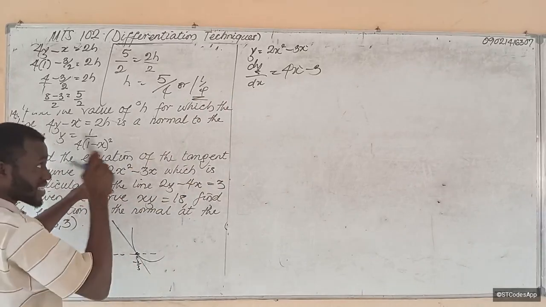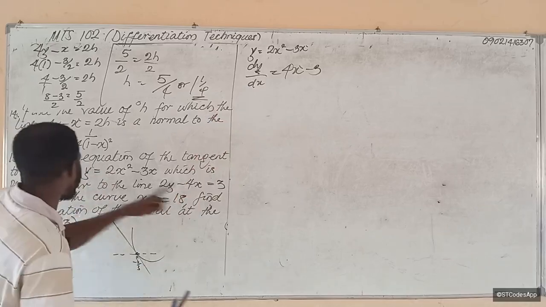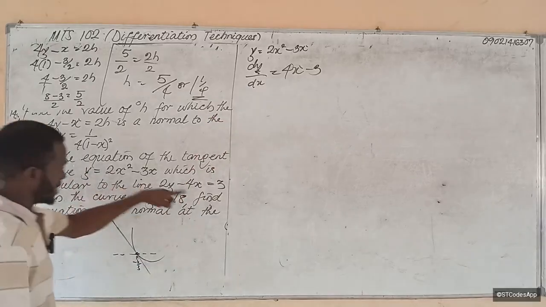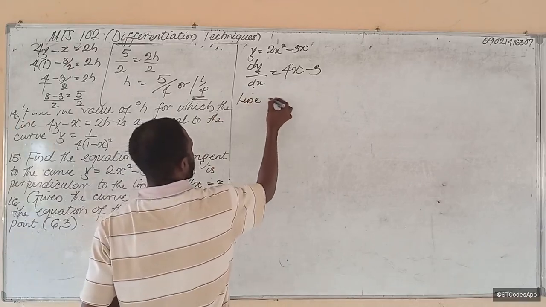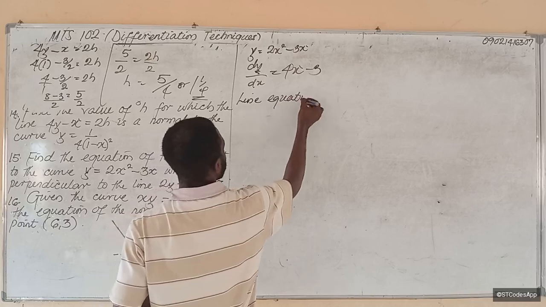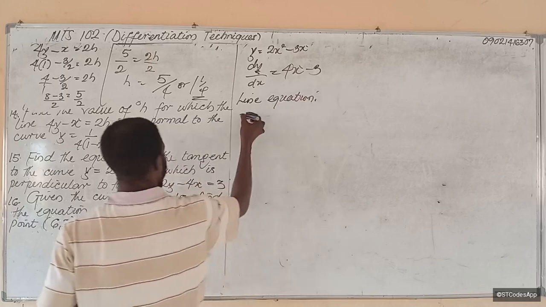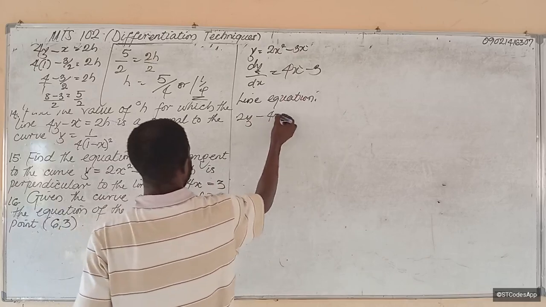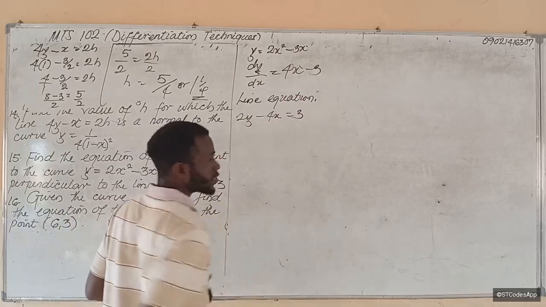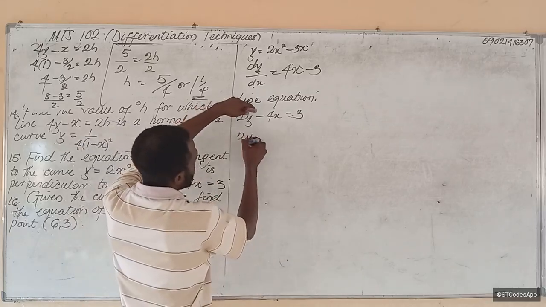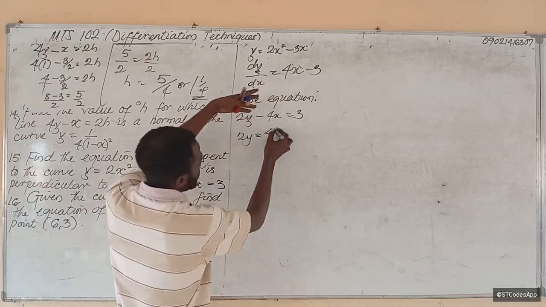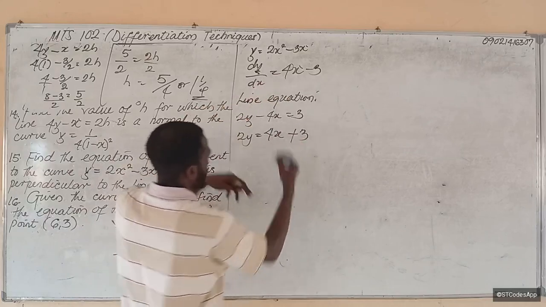So the slope of that tangent is already this, which is perpendicular to this line. What is the line? Our line is given, line equation is given as 2y minus 4x equals 3. So express this in the correct form. It will become 2y equals, let's shift this, so it becomes 4x plus 3.